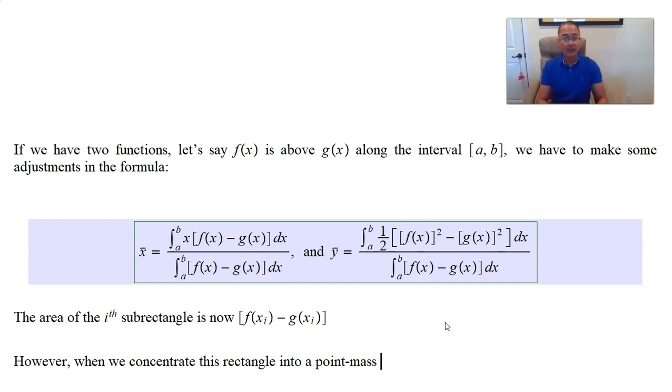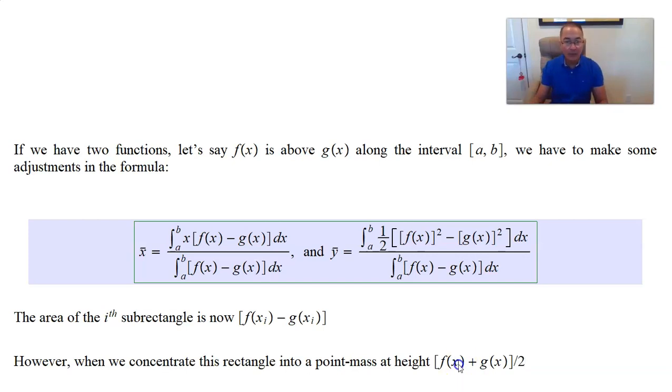So into a point mass at height, take f of x plus g of x and divide by 2.